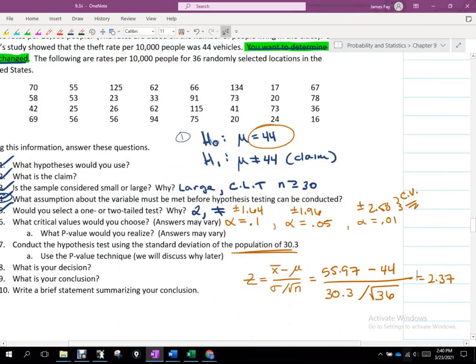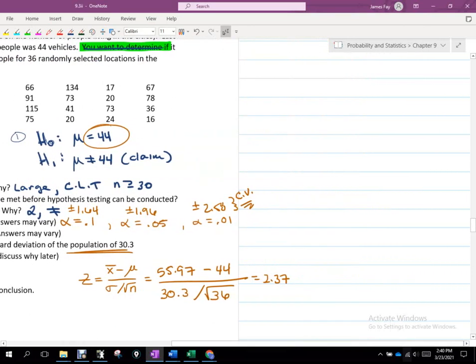All right, so let's just think about something real quick. If I look at 2.37, that's a two-tailed test. So I'd be looking at positive 2.37 and negative 2.37. That's my test statistic, the Z from the data.